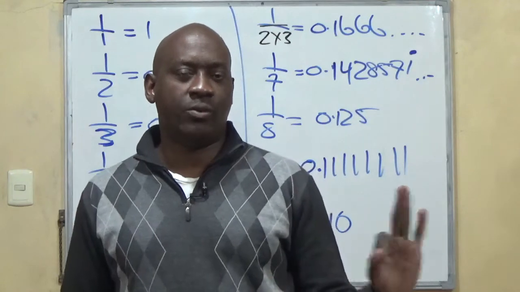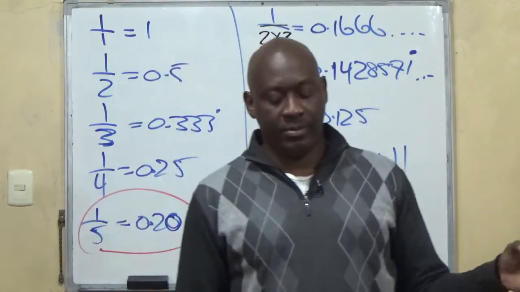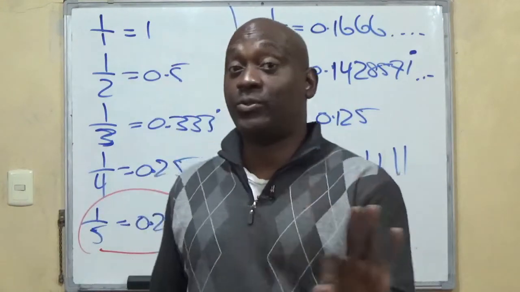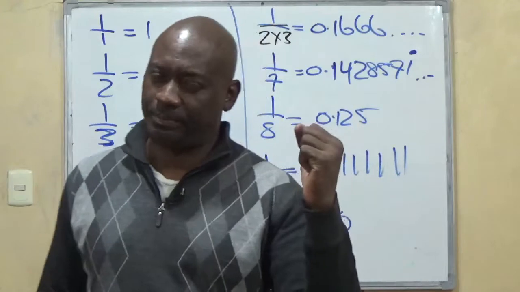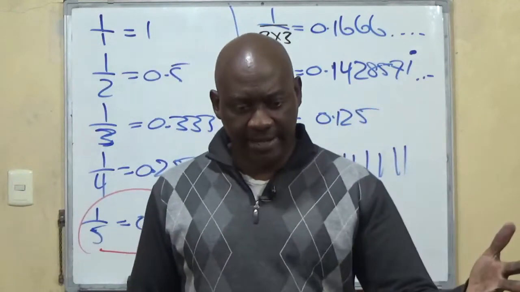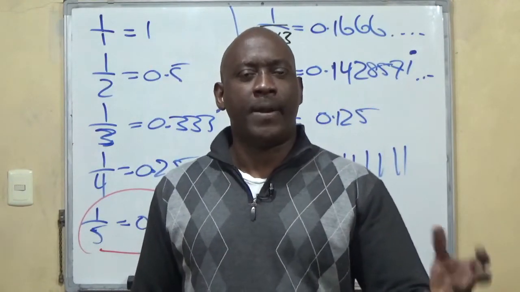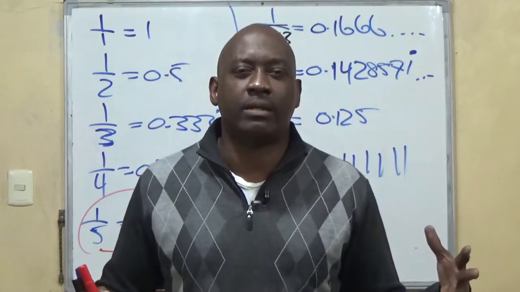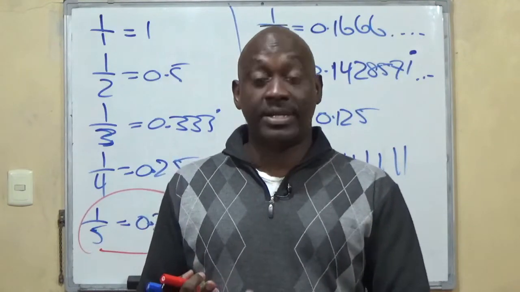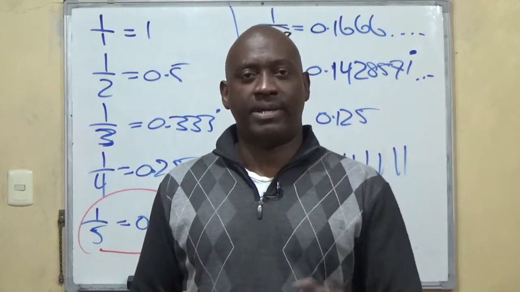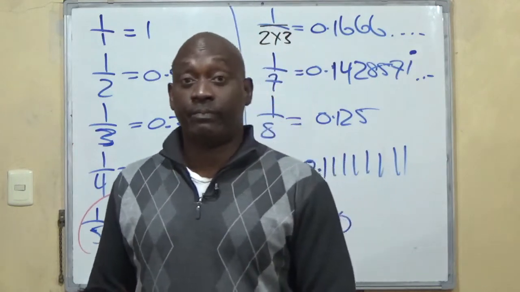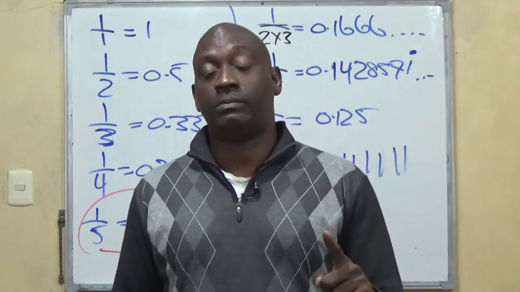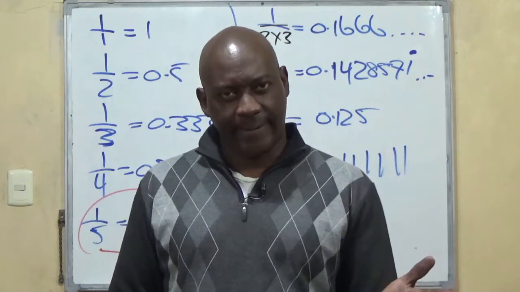So 1, 2, 3, all of those numbers are prime. 4 is not a prime number because 1 is a factor, 4 is a factor, but 2 is also a factor because 2 by 2 is 4. 5 is a prime number because 1 by 5 is 5, it has nothing else there. 6 is not a prime number. 7 is a prime number. 1 by 7 is 7, it has nothing else there. 9 is not a prime number because 3 by 3 is 9.